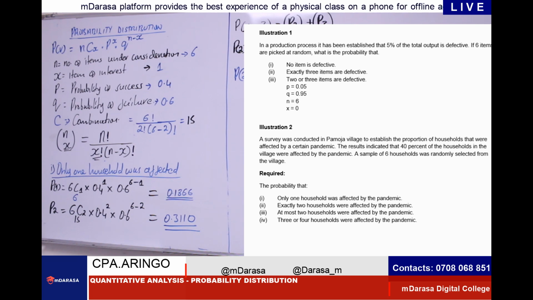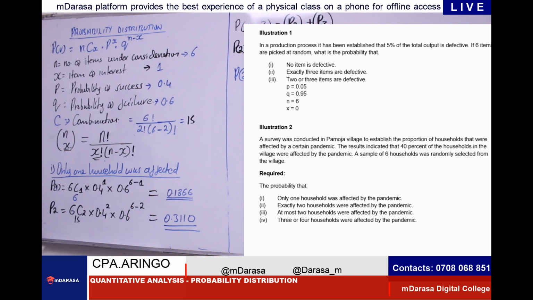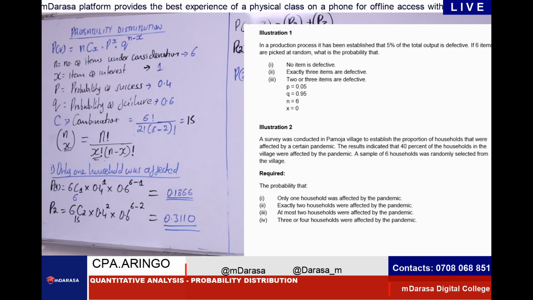That is to say, we are talking about a maximum of two households. That will be quite easy, because all we need to do is get the combination of 3 and the next item.